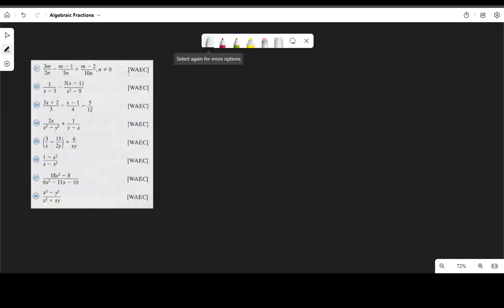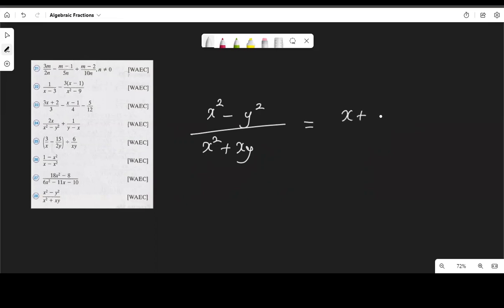Okay, now we'll move on to the final question here, which is s squared minus y squared all over s squared plus sy. Applying difference of two squares to the numerator, I will have s plus y and s minus y all over.